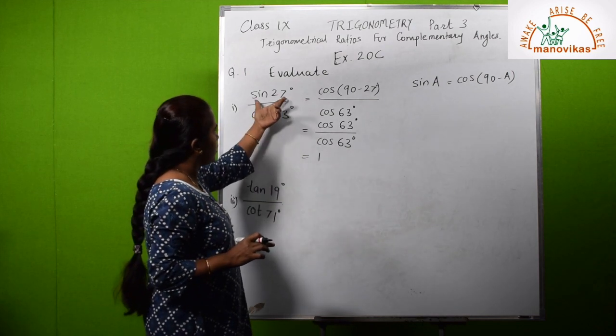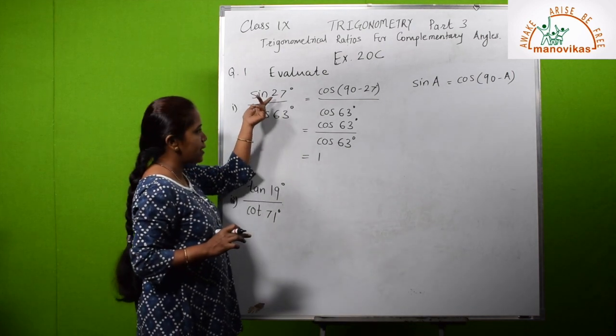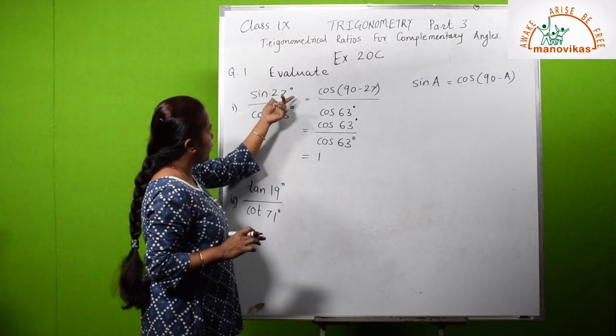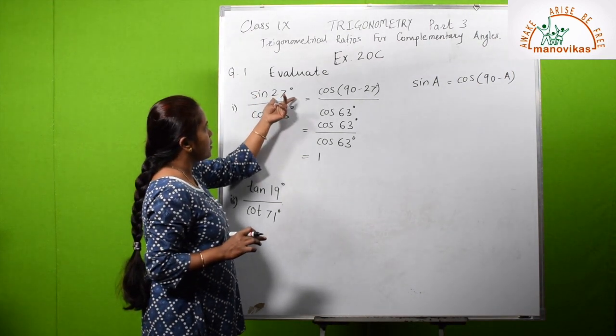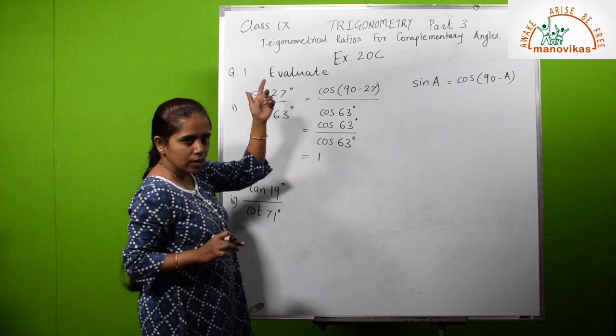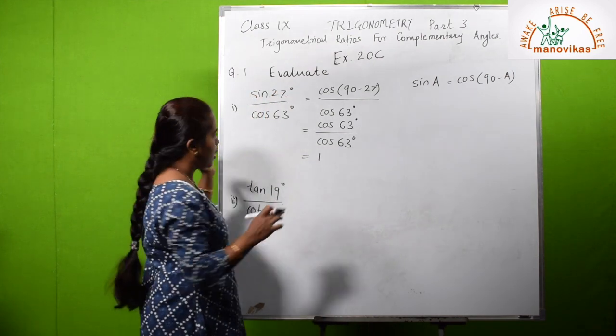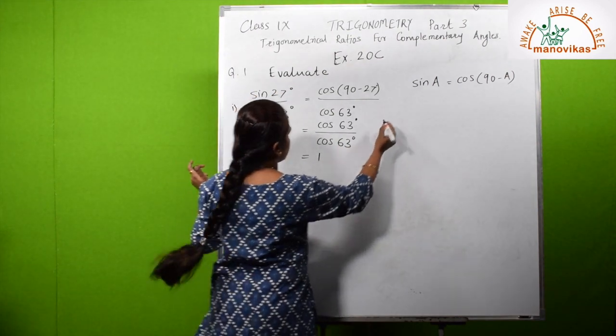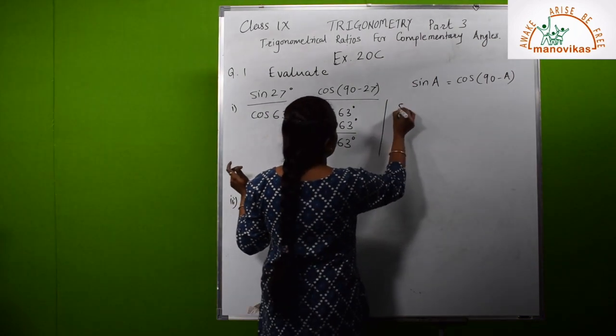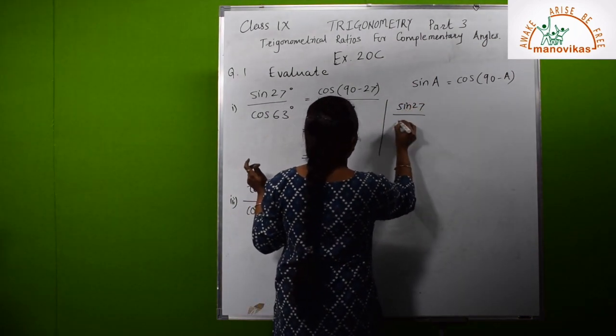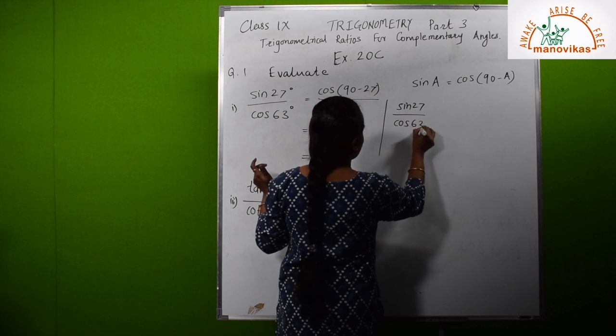Other way you can do, keep sine as it is, and 27 you can write as 90 minus 63. Other method for this: sine 27 upon cos 63 degree.